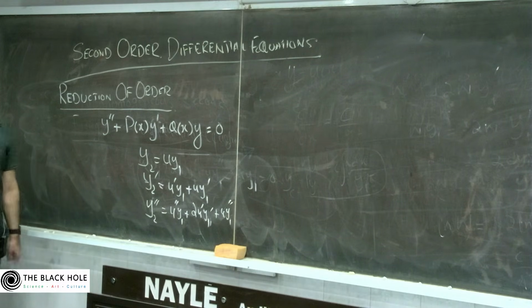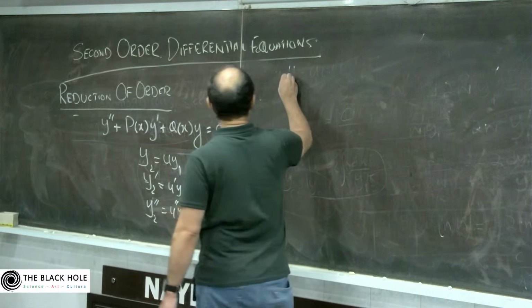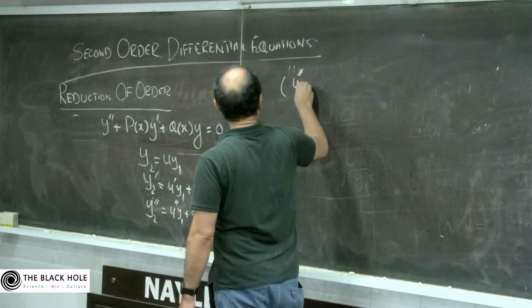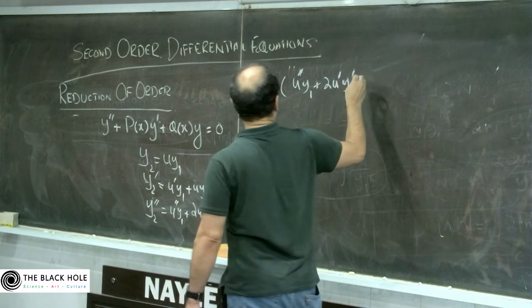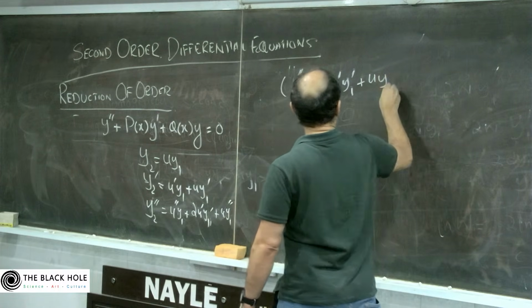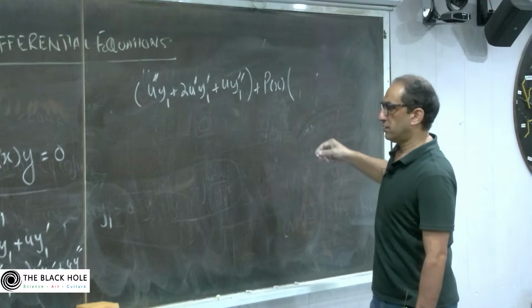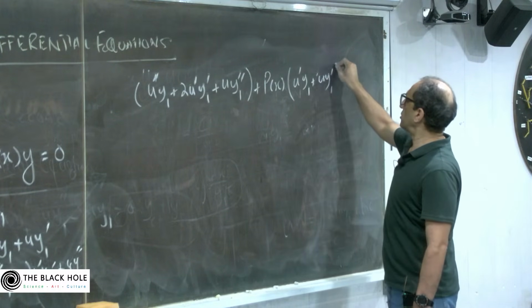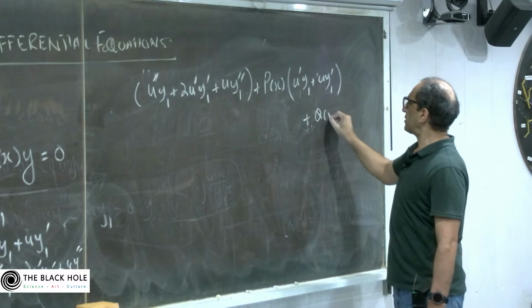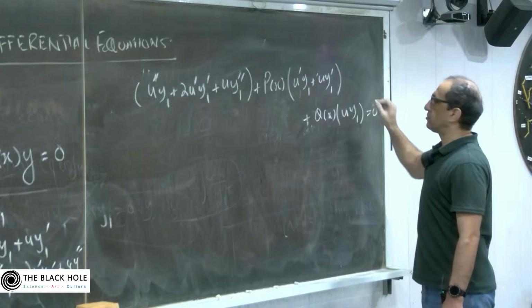So plug it in here. So you will have u double dash y1 plus 2 u dash y1 dash plus u y1 double dash plus p of x times u dash y1 plus u y1 dash, plus q of x u y1 equal to 0.